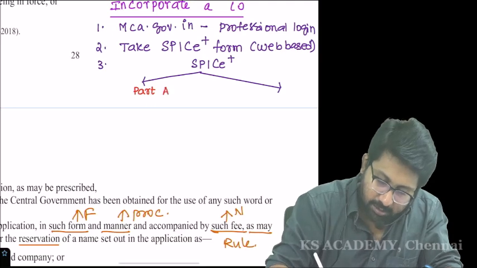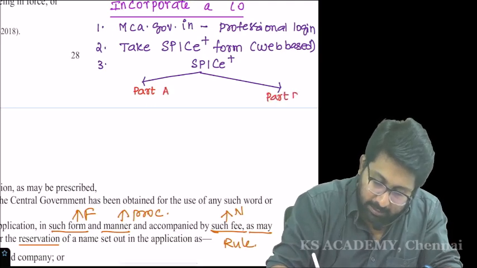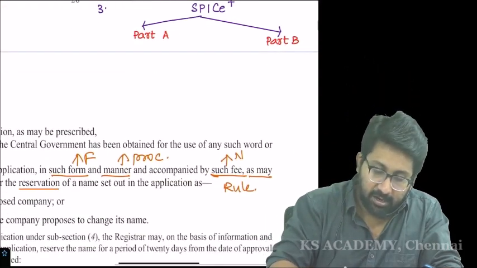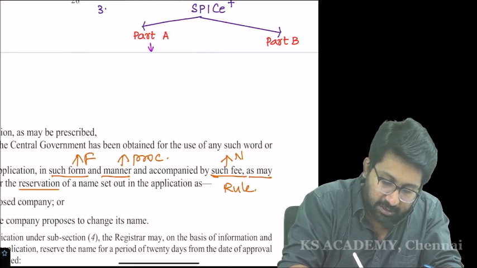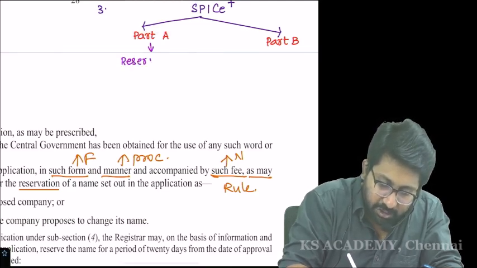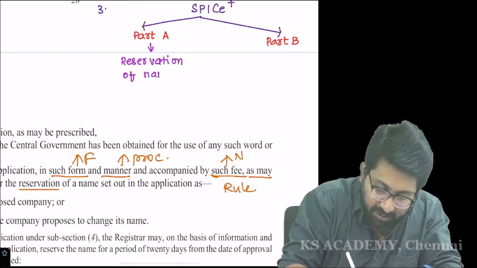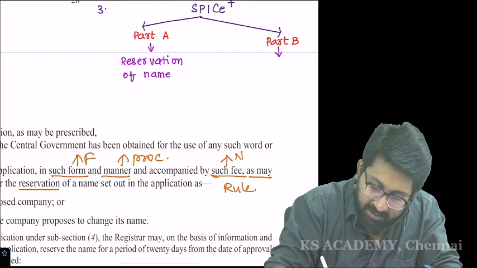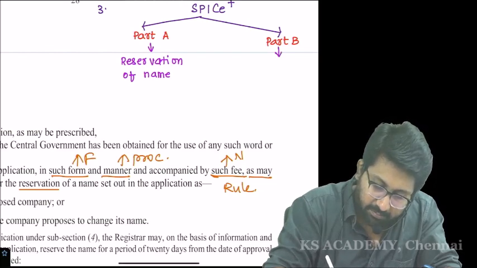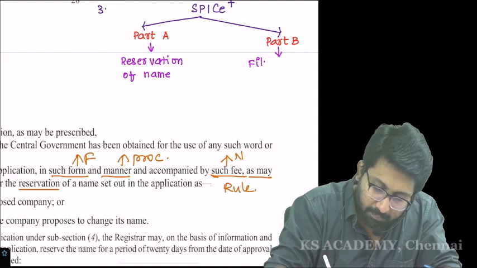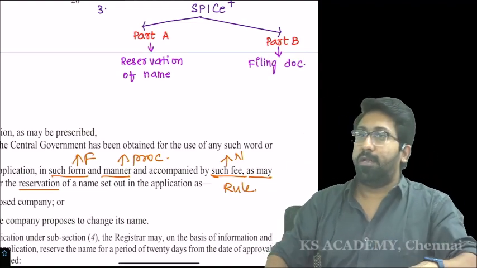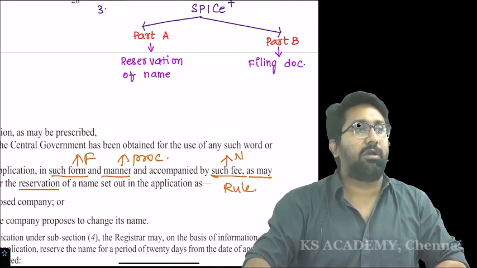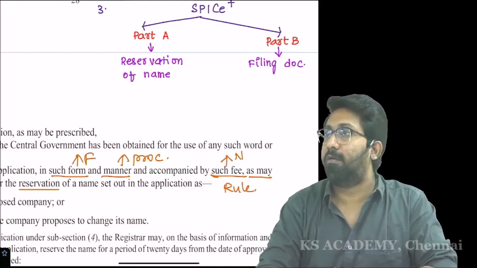Part A, Part B. Part A is called reservation of name. Part B is called filing document.